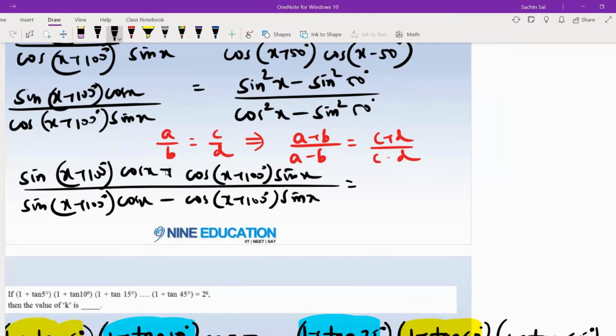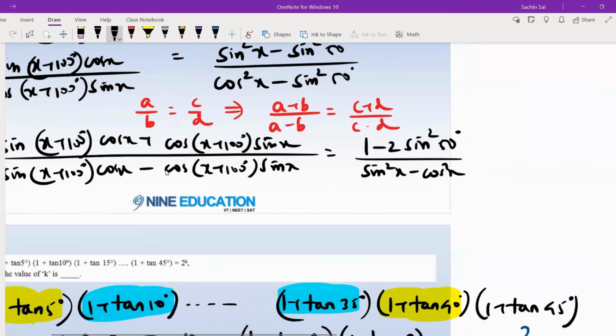Now in the numerator, if I do c plus d, I will get 1 minus 2 sine square 50 degrees. In the denominator, I will get sine square x minus cos square x, right?